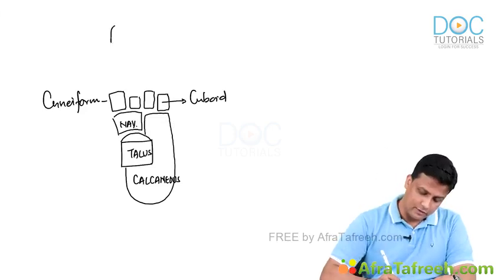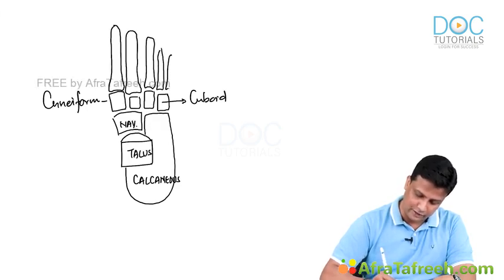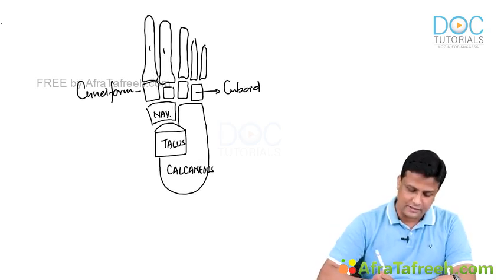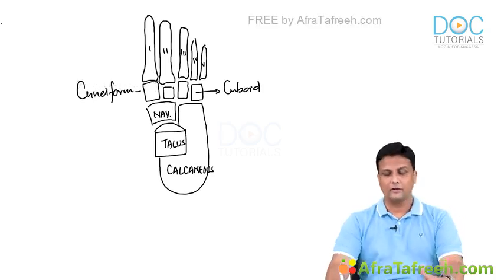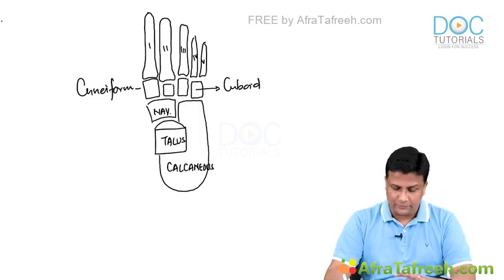And in front of that, you'll be able to appreciate the metatarsals, guys. The first metatarsal, the second, the third, the fourth, as well as the fifth metatarsal here. So this is how the arrangement will be. Later on, we'll have the phalanges, which need not be drawn here.